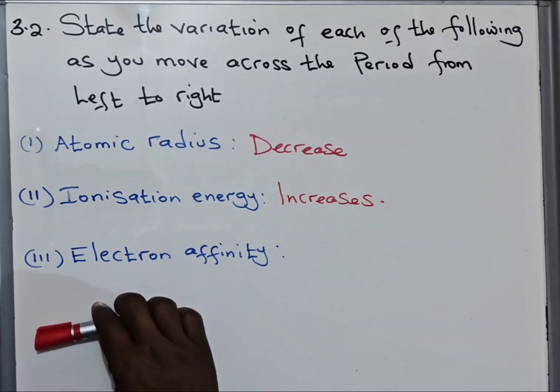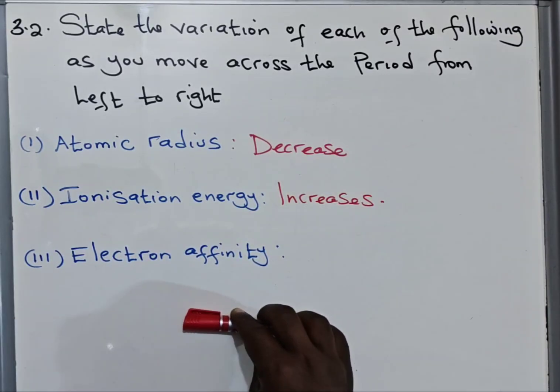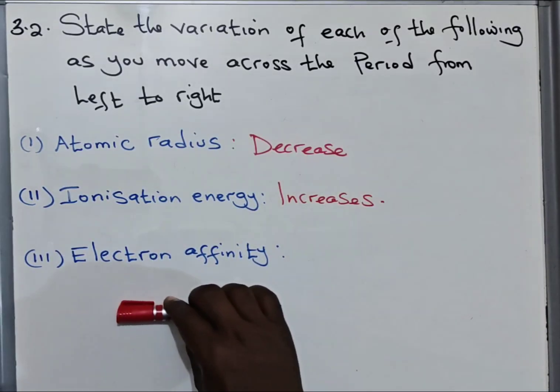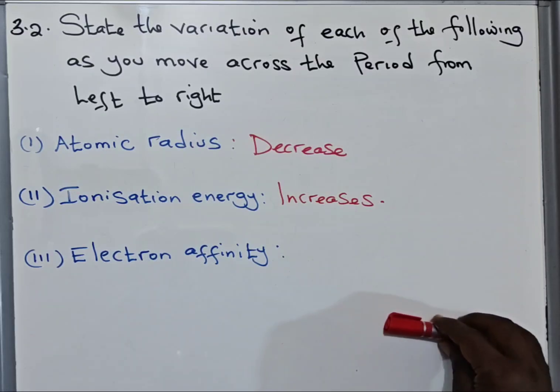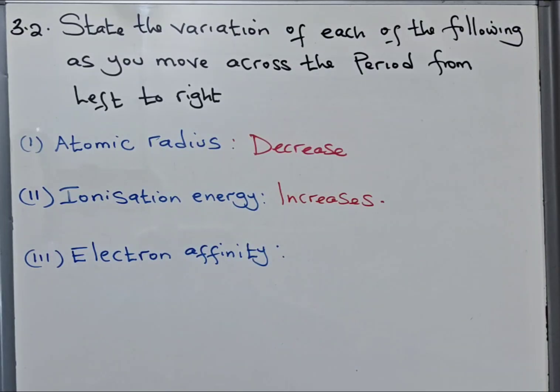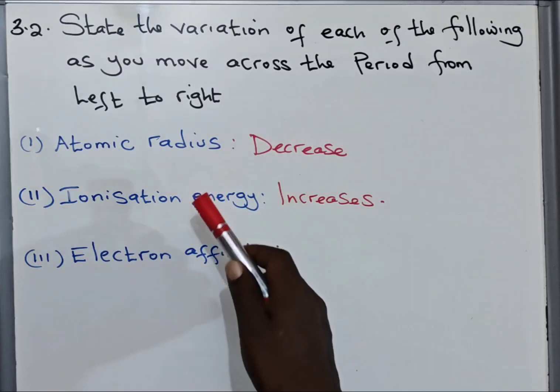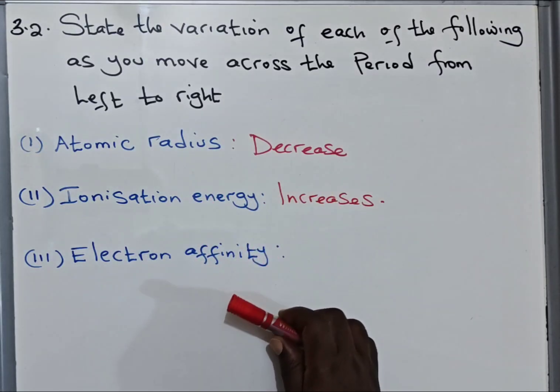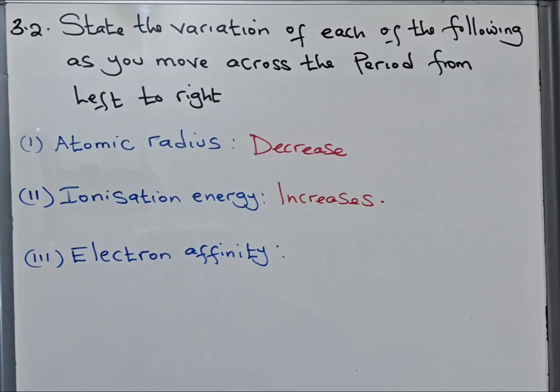Next is electron affinity. What happens to electron affinity as you move across the period? You have to know that as you move across the period, the atomic radius decreases. Decreasing atomic radius brings the electrons closer to the nucleus.